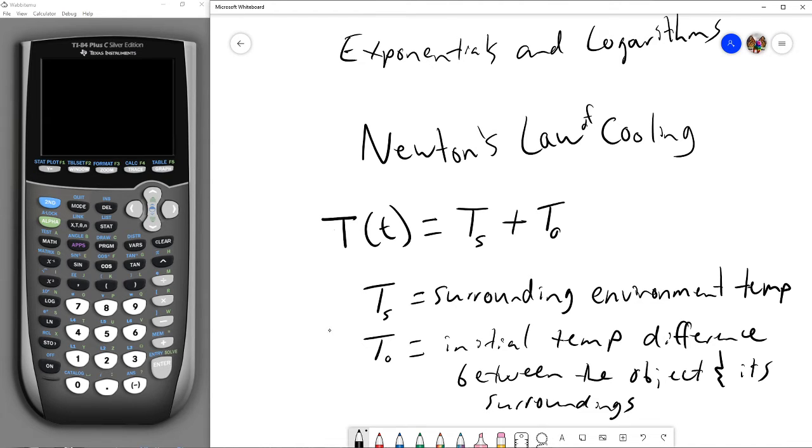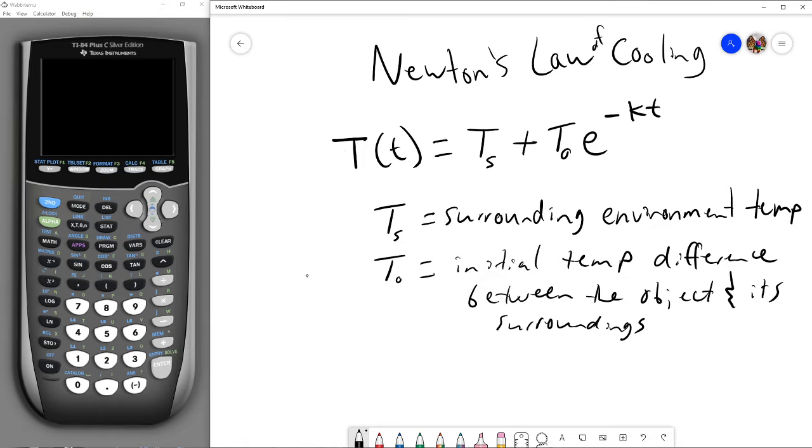And then since we do have temperature decreasing, we can expect a negative here, and then we're going to have a kt. So lowercase t is just time like normal, but k is not going to be a rate like our r, even though it's functioning in the same way.